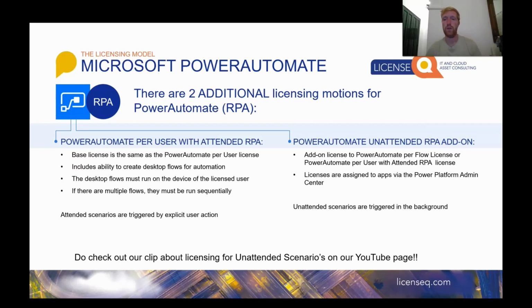And then you have the PowerAutomate unattended RPA add-on, and that's quite an interesting one. It's an add-on license to the PowerAutomate per flow license or the PowerAutomate per user with attended RPA license, and it will allow you to work on triggering certain tasks without you needing to start them. So, like I said, within PowerAutomate with the unattended RPA add-on.